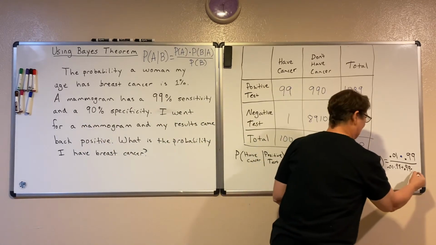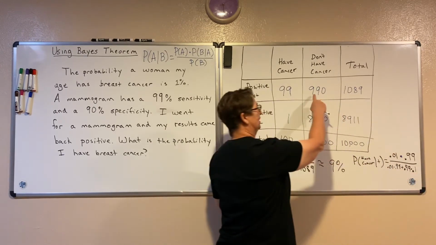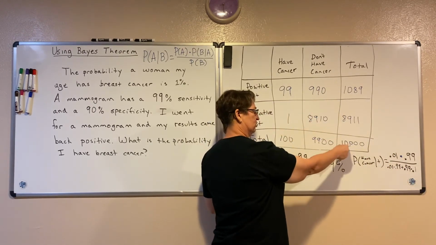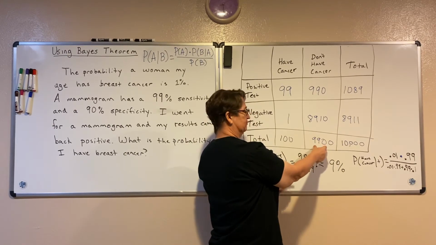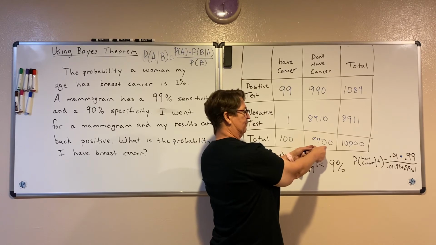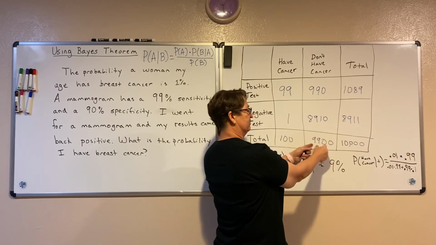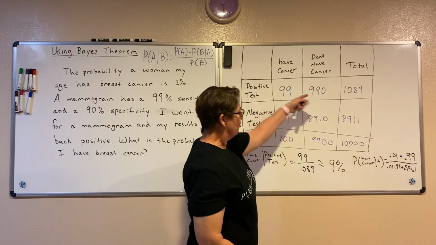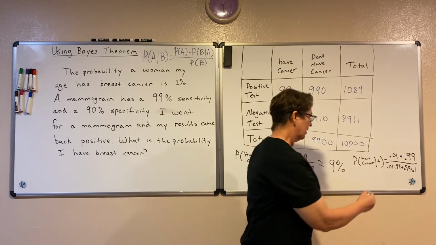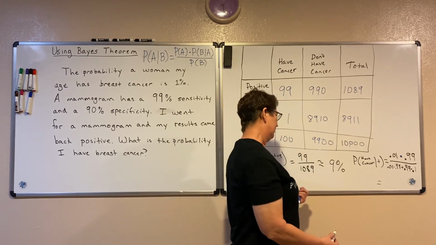So I have to multiply that 99% times the 10%. And that's how we ended up with the 990: we took this and multiplied it by 99%. That was 1%, this is 99%. We multiplied by 90% to get that, but we could have just multiplied by 10%. And then you add those two together. And it turns out that you end up with the exact same thing that we would have ended up with.